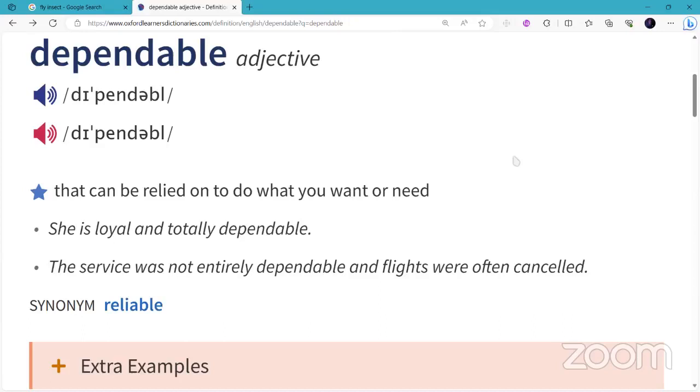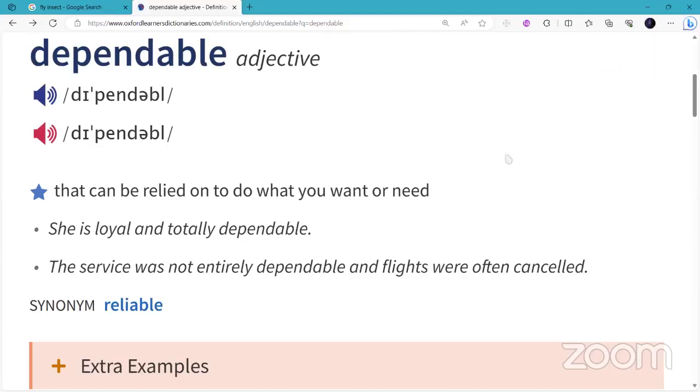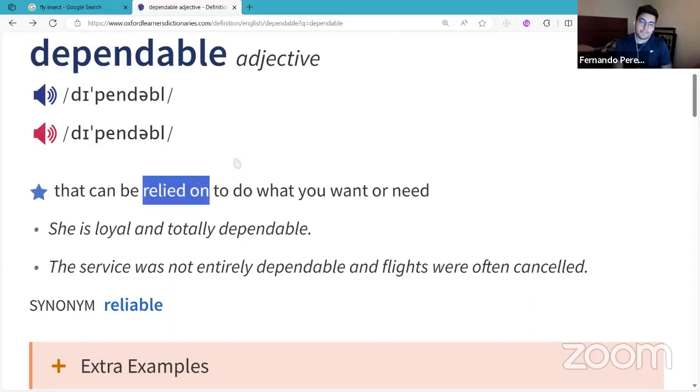Maybe the opposite to the relied? No, because actually it's a synonym. If it's in the definition, it's a synonym. A person that can be relied on.